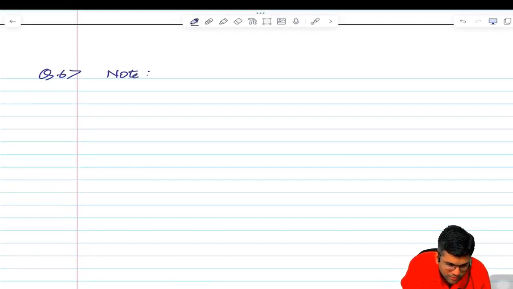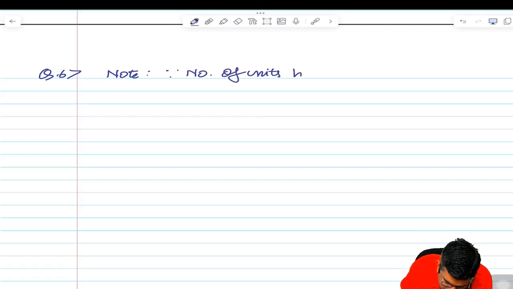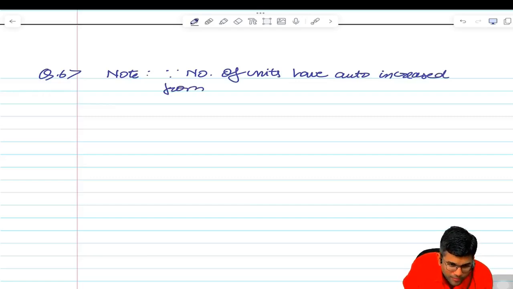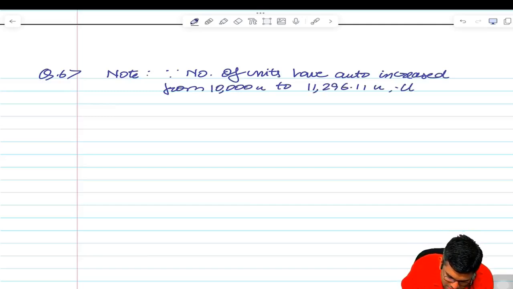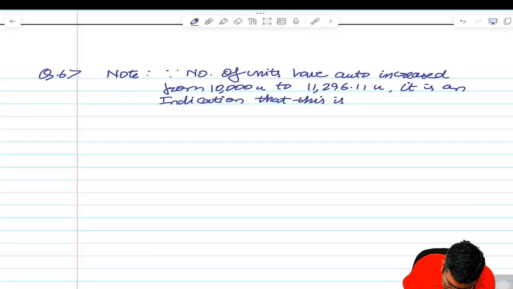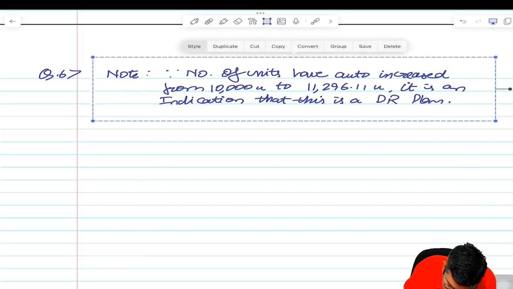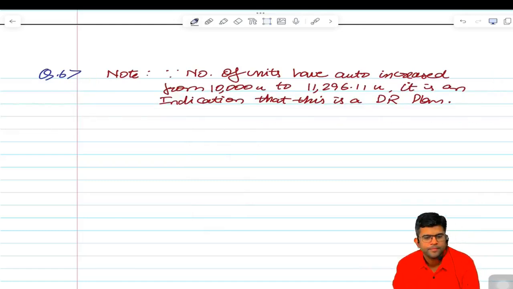Additional note: since the number of units have auto increased from 10,000 units to 11,296.11 units, it is an indication that this is a dividend reinvestment plan. Everyone ready?